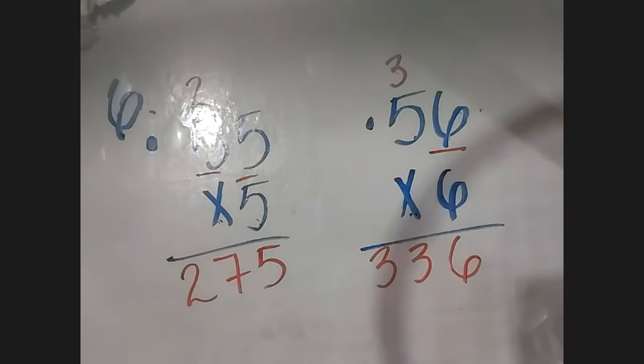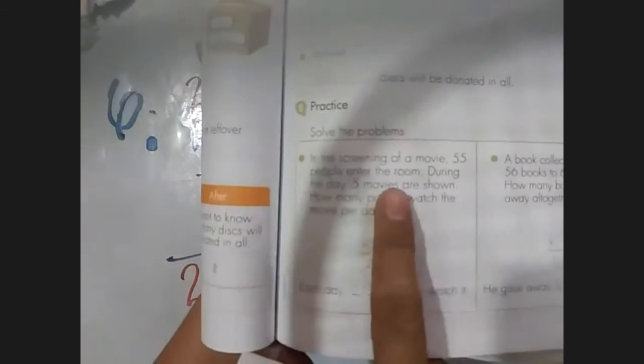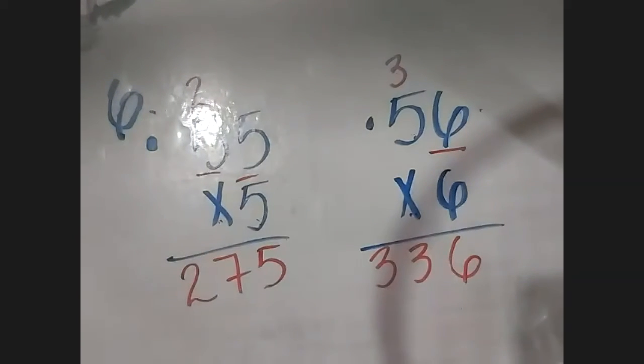Camila Garcia, read the first problem, Camila. This one. Look, this one. In the screening of a movie, 55 people entered the room during the day. 5 movies are shown.